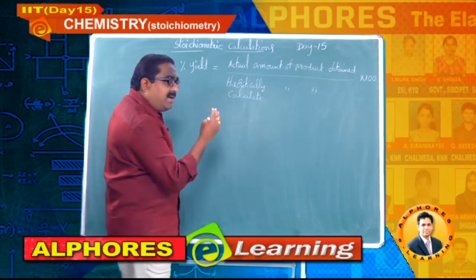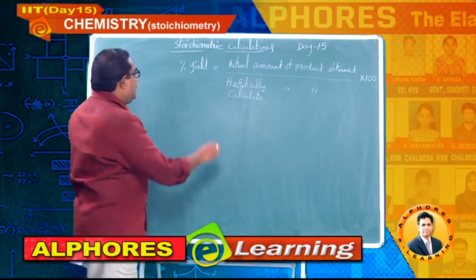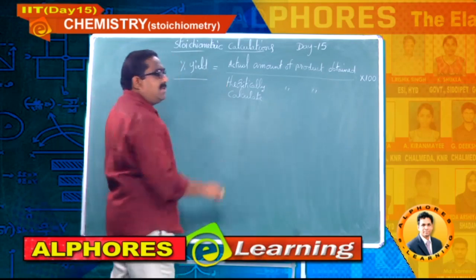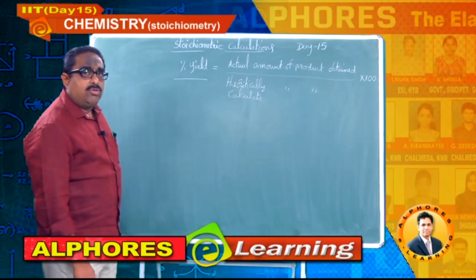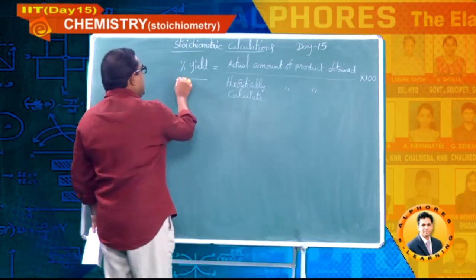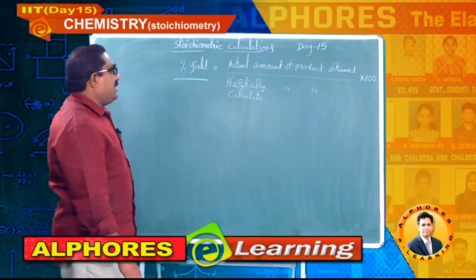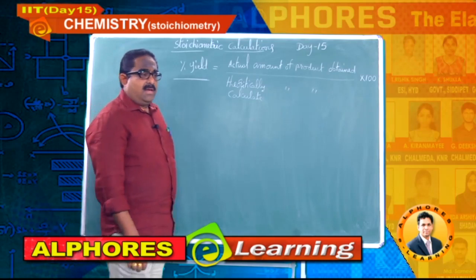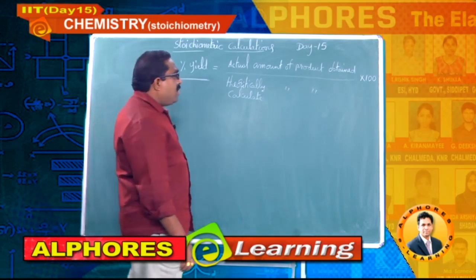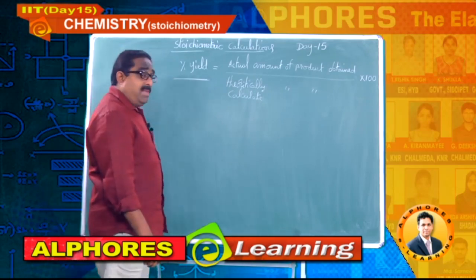Because of the practical losses that occur in the process, we have to use this concept of percentage yield. Based on it, we can say whether the process is feasible in a more convenient way, or in the academic way also.